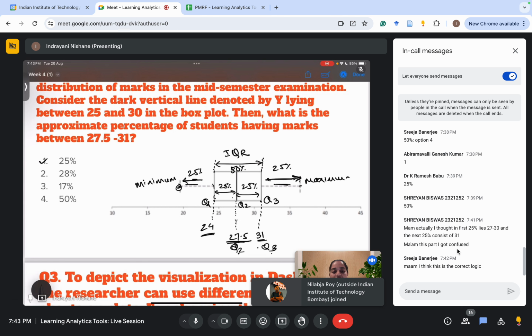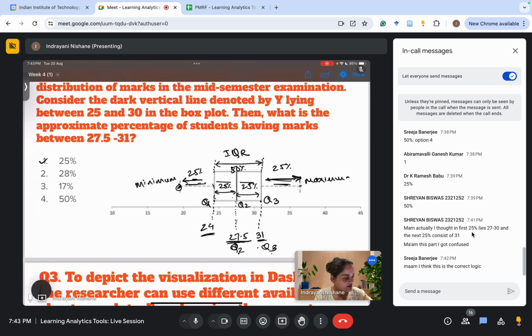We are talking about distribution. So this is the first 25%, then the next 25%, the next 25%, and the next 25%, and so on. One 25% lies between 27 and 30, and the next 25%.